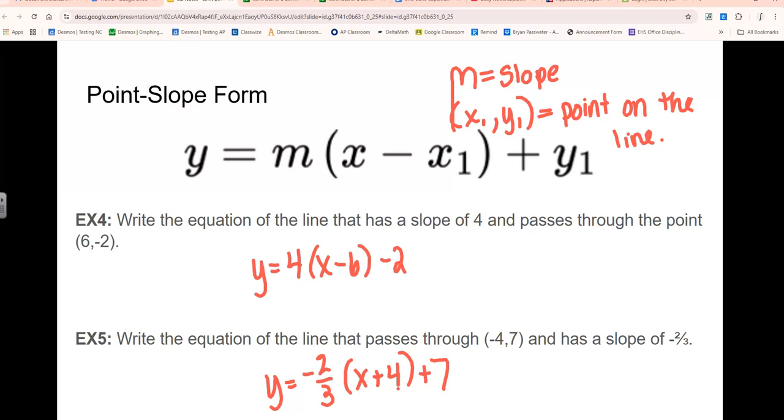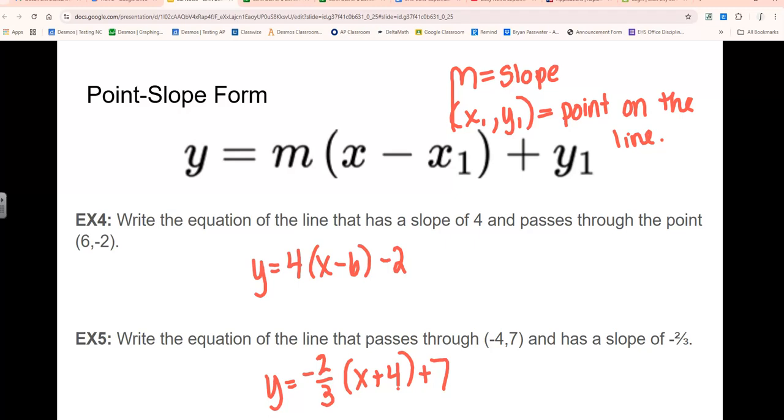Any questions here? This is how I want you guys writing the equation of a line. There are other ways, but in my experience grading, this is the best way to do it. Any other way has too much room for error, and unless it tells you you have to, I don't want you to try to simplify.